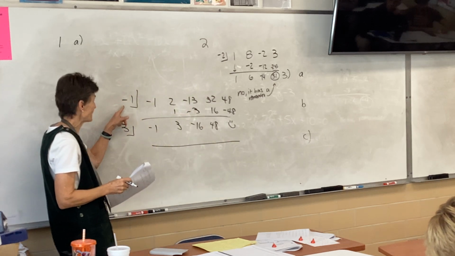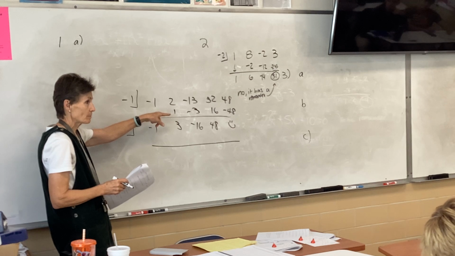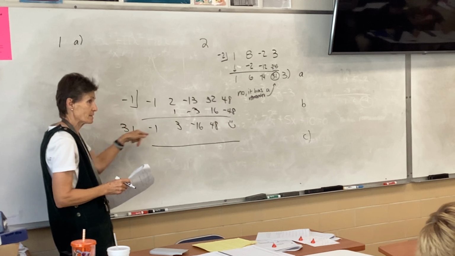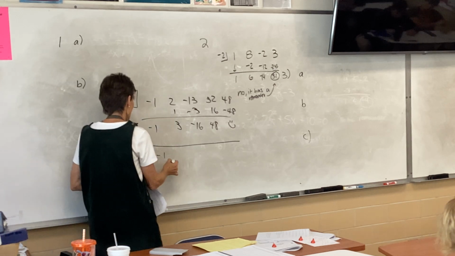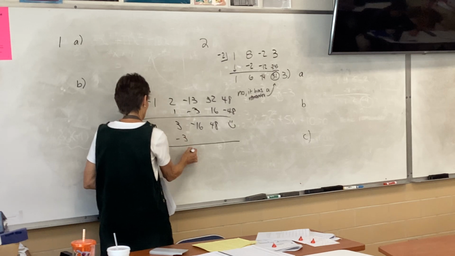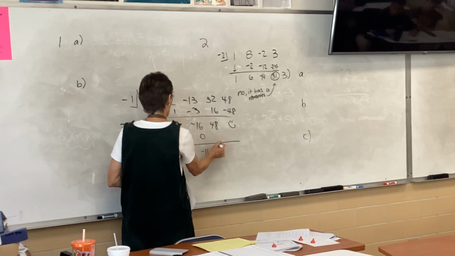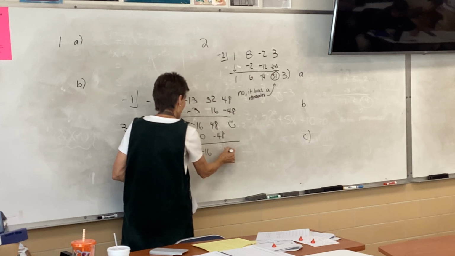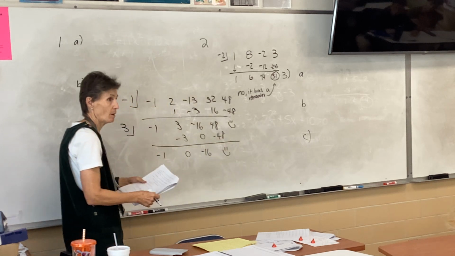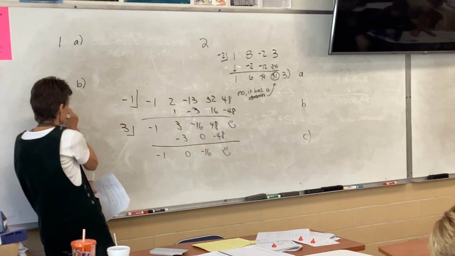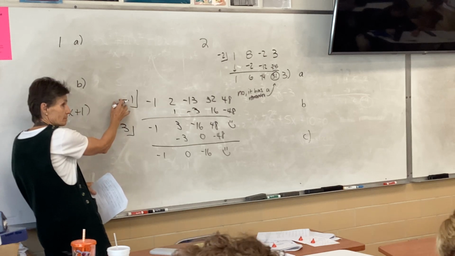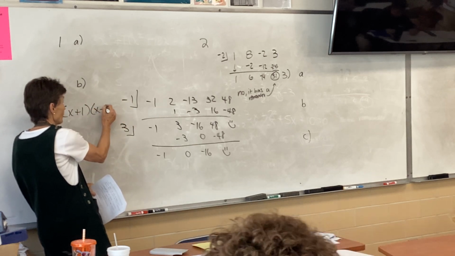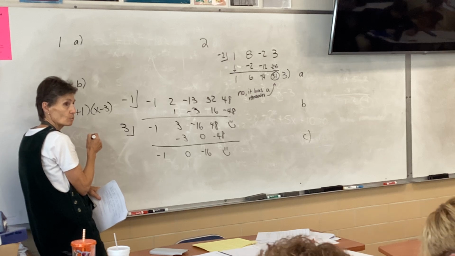I've already divided out the -1. And now I'm going to take what's left and divide out the 3. And sure enough, I got a remainder of 0. So this built a factor of x plus 1. This built a factor of x minus 3.